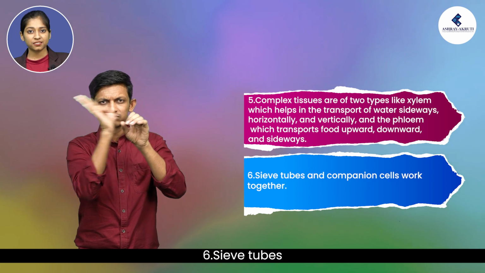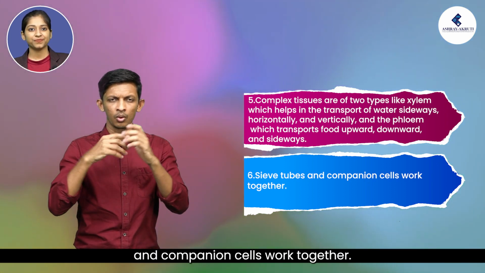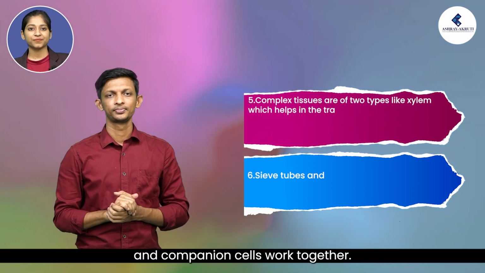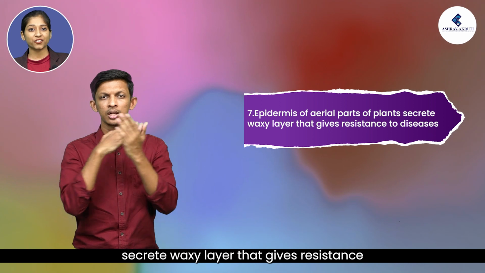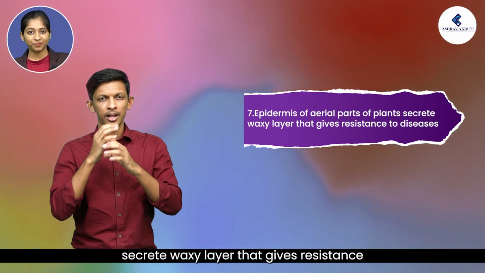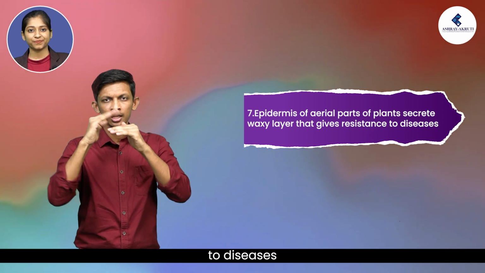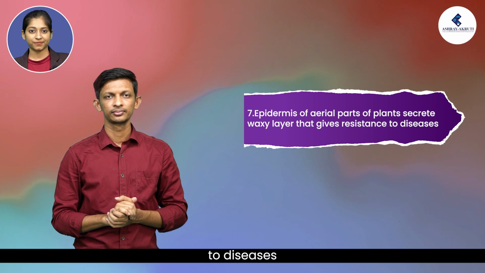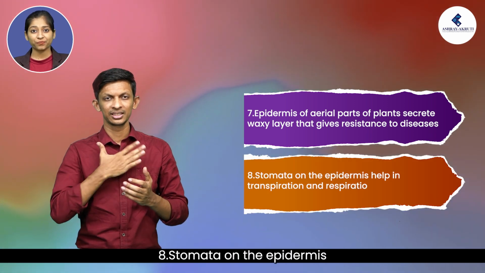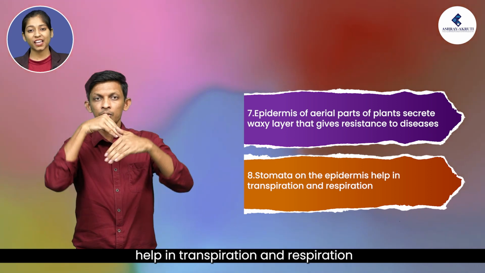Sieve tubes and companion cells work together. Epidermis of aerial parts of plants secretes a waxy layer that gives resistance to diseases. Stomata on the epidermis help in transpiration and respiration.